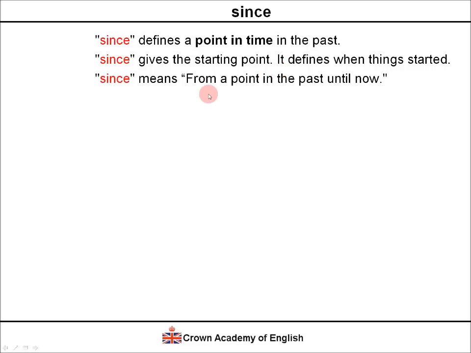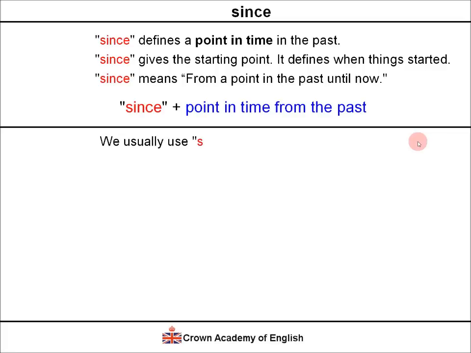And so it means from a point of time in the past until now, until the present. So the form is since followed by a point in time from the past. And we usually use since with the perfect tenses. So we do not use since with all of the tenses.